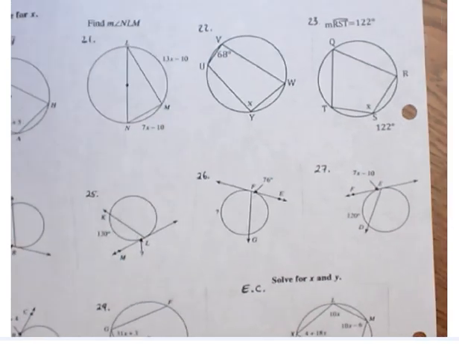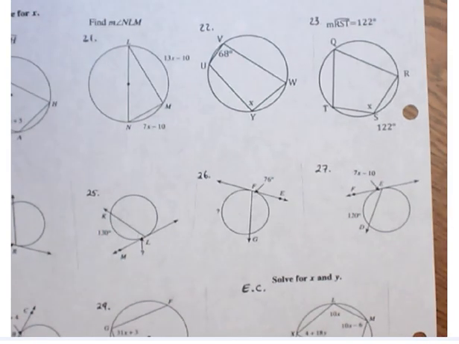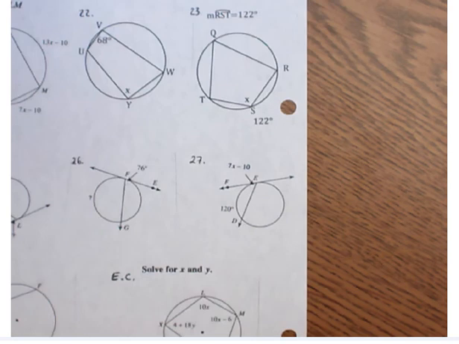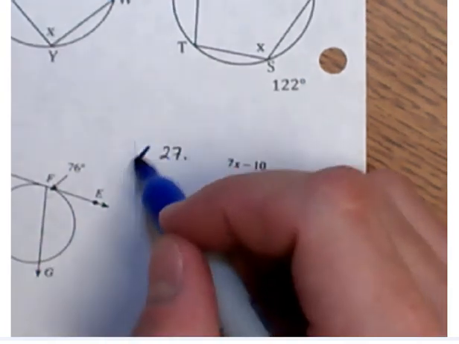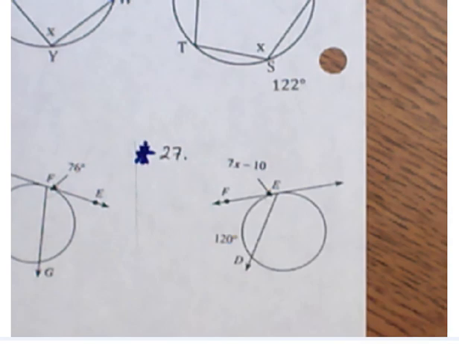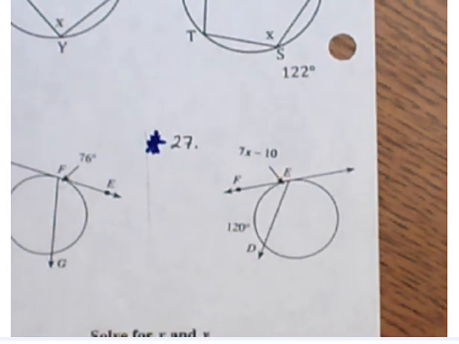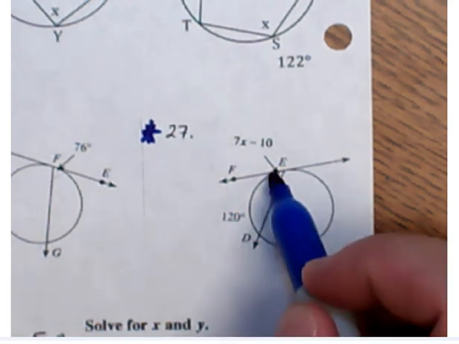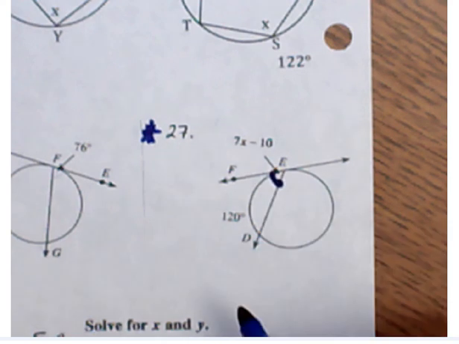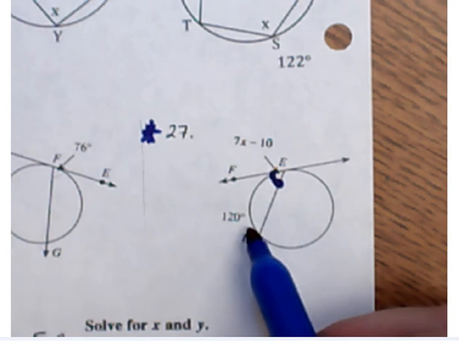For example, let's say we take a look at 27. Okay, let's take a look at 27. So they give you a couple of things here. We're going to try to find x. They give you that this angle here is 7x minus 10 degrees, and then this arc measure is 120.